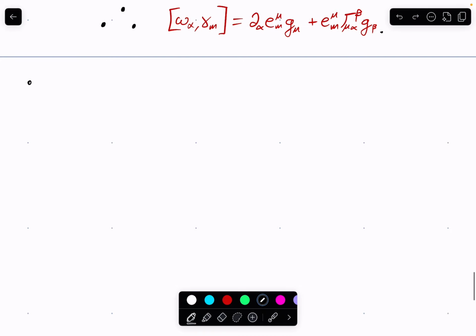So the first is because omega alpha is a bivector and gamma m is a vector, it follows that the commutator of omega alpha and gamma m is actually their inner product.